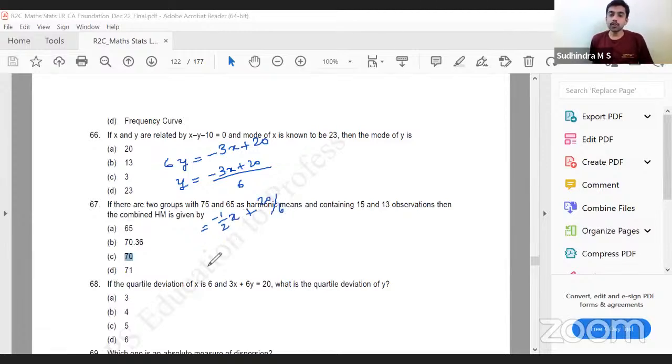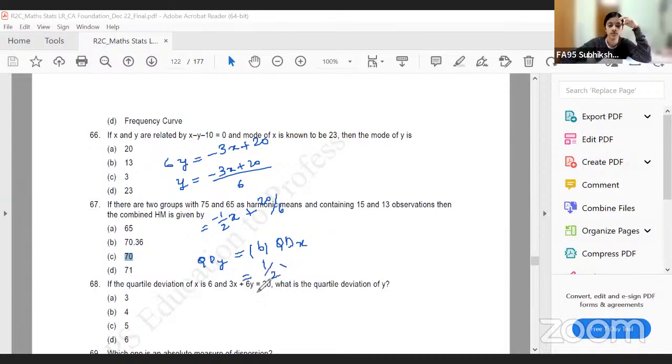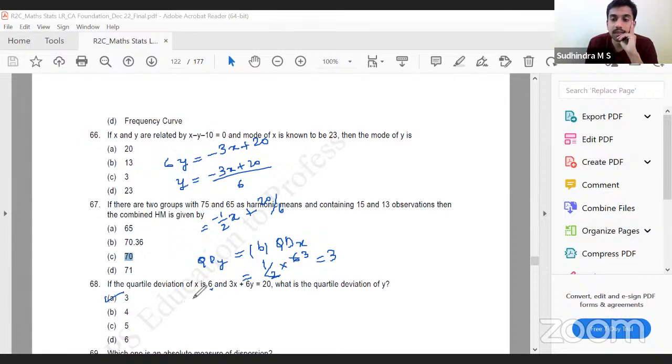Now, we know that quartile deviation of y is modulus of b into quartile deviation of x. Modulus of b is 1 by 2, into quartile deviation of x, which is 6. Therefore, we get 3. This was question 68.